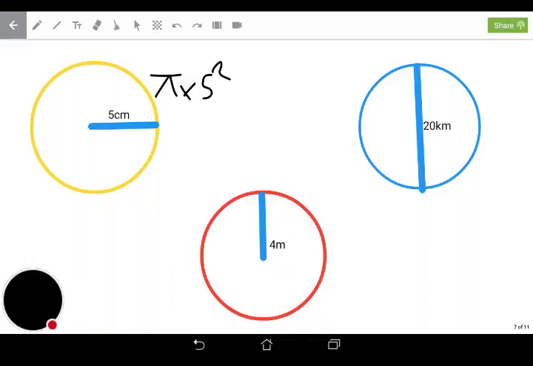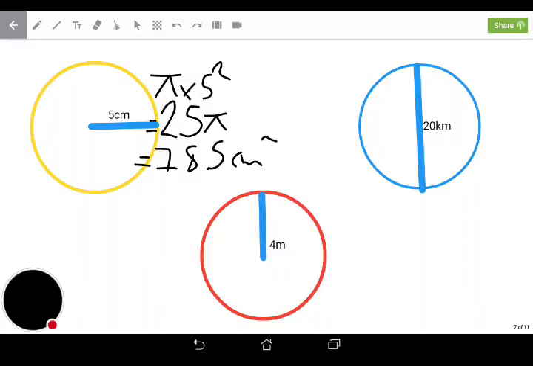Now that would either, depending on what the question said, give me 25 pi, or it will give me 78.5 centimeters squared. So that's the yellow one done.